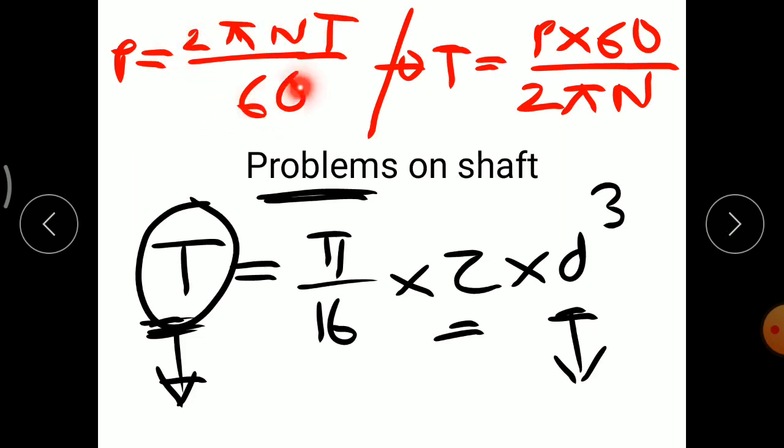By using this formula, we can determine the value of torque, that is T equal to P into 60 divided by 2 pi N. Just by cross multiplying 60 into P, we get the value of T.